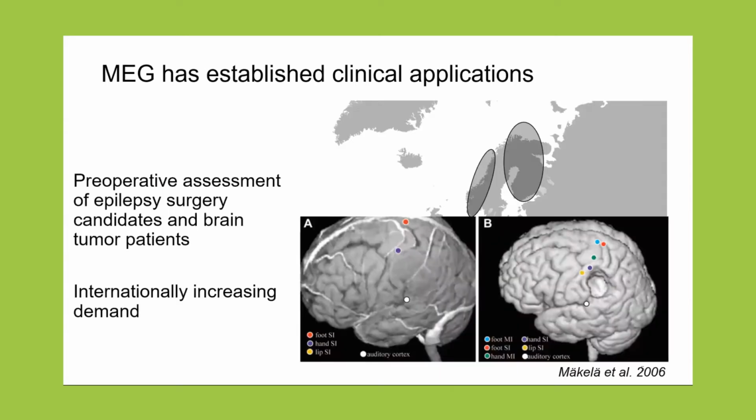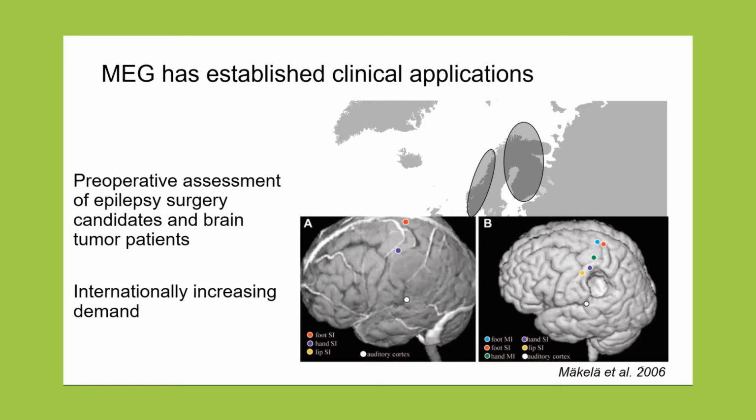MEG has already several established clinical applications. Especially here in Finland, we have a long clinical routine for using MEG in preoperative assessment of epilepsy surgery candidates and also in brain tumor patients. In epilepsy, MEG helps in locating the sites of epileptic activity.